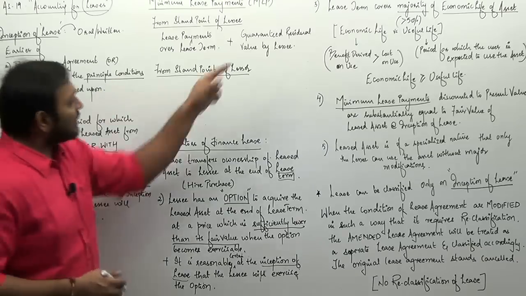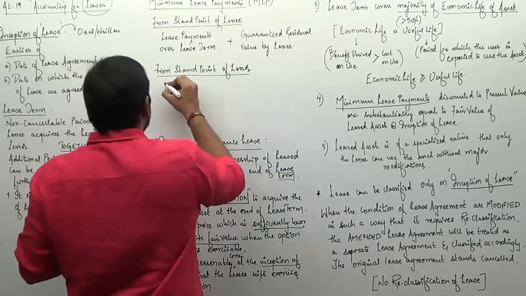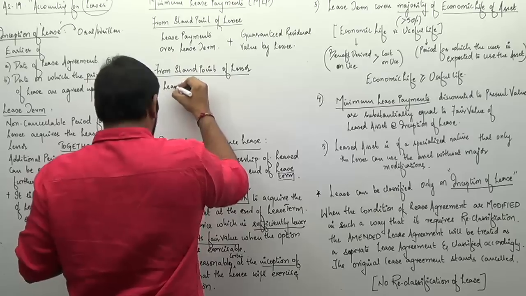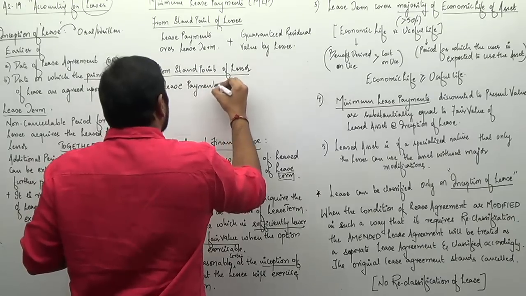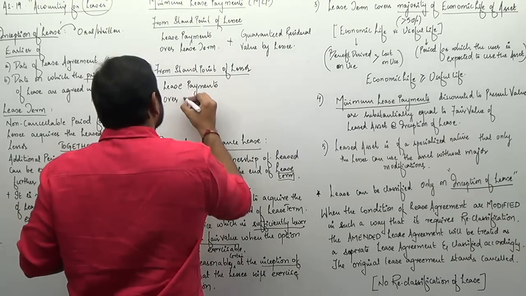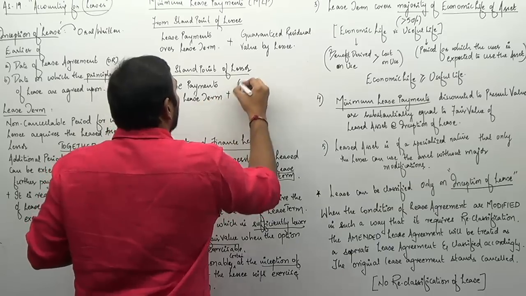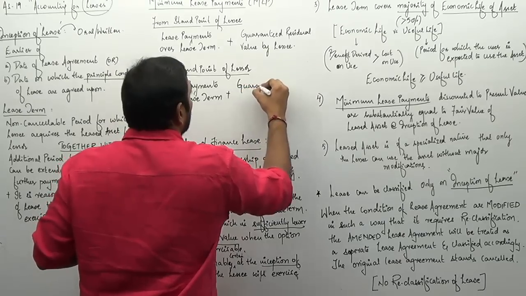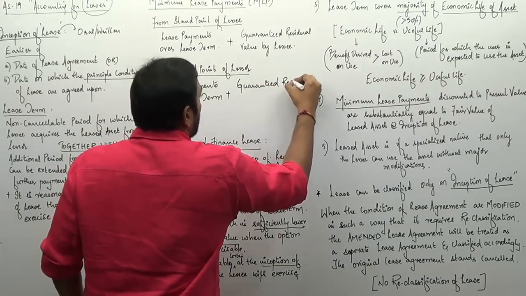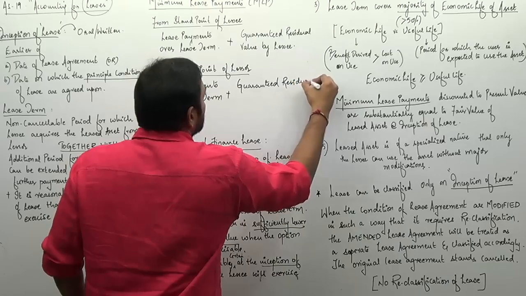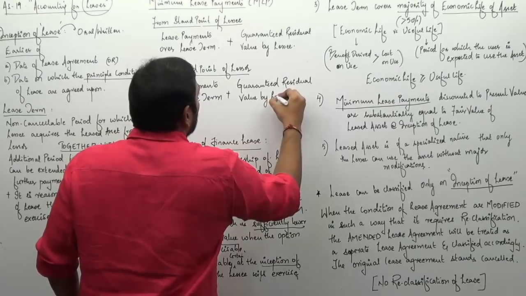Now understand, whatever the lessee pays, who will receive? Lessor should receive. So I can say that from the standpoint of lessor also this should be lease payments over lease term plus guaranteed residual value by lessee.